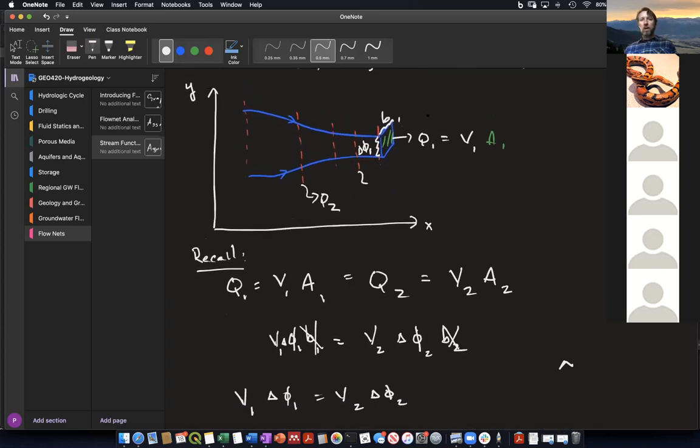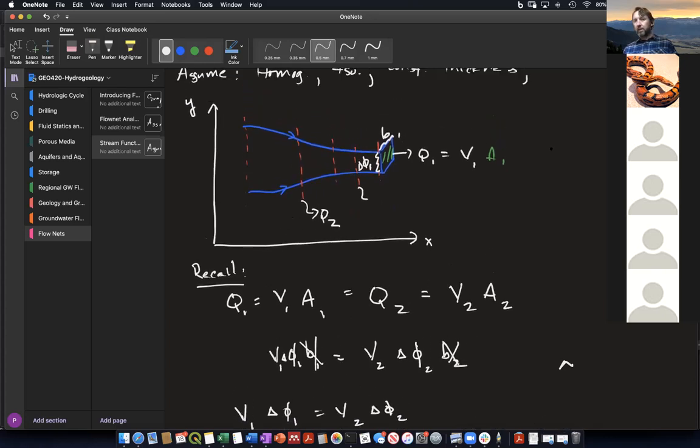So another thing we can see here is that the change in the stream tube distance, d phi, dy, so the change in the difference between the stream tubes is of opposite sign, but basically equal to the change in the head gradient.